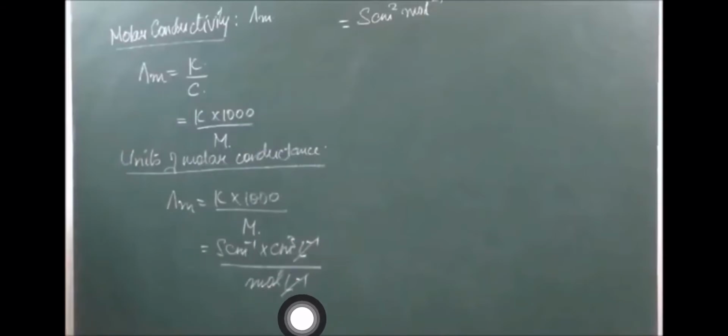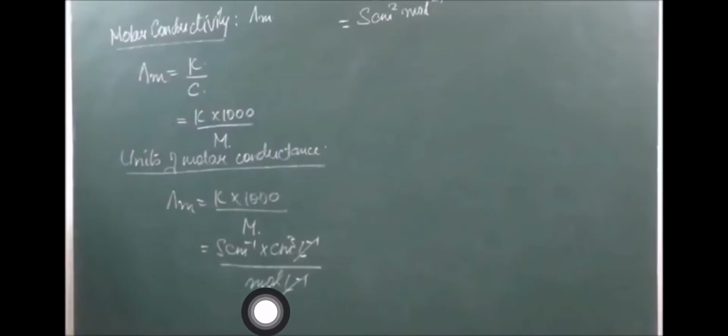So per liter can be cancelled. Now centimeter inverse is minus 1 and plus 3, so it will become 2. So the unit of molar conductivity will become Siemens centimeter square per mole.